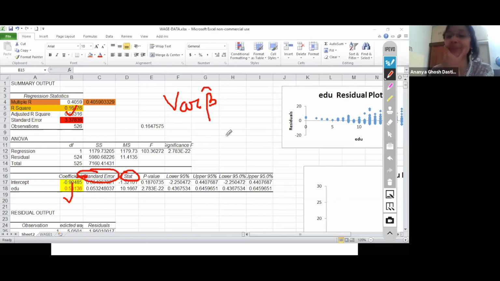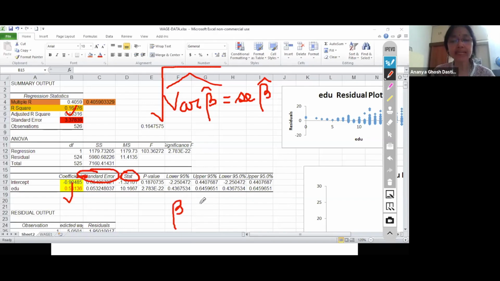Once you take the square root of that estimated variance, what you have is the standard error of beta hat. In the previous screen, I showed you that beta hat is normally distributed with mean beta and a certain variance, which is the variance of beta hat, correct?